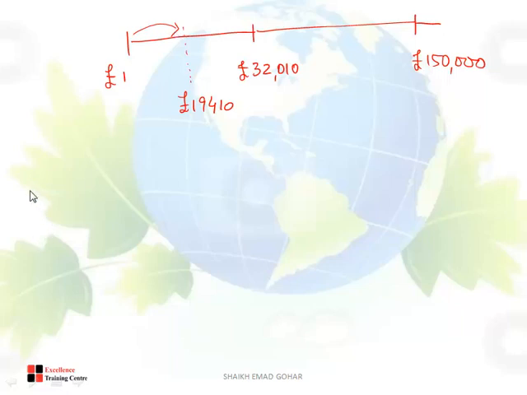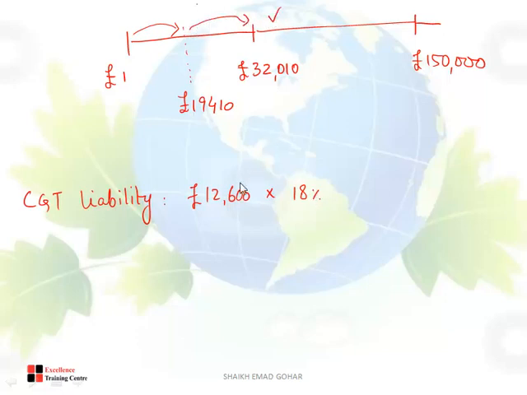12,600. So when you calculate the capital gain tax liability, how much is available? 12,600. So in the basic rate band, if it is available, you will apply how much? 18%. And now you have used this figure as well, and you are in the higher rate band. So how much was my taxable gain?